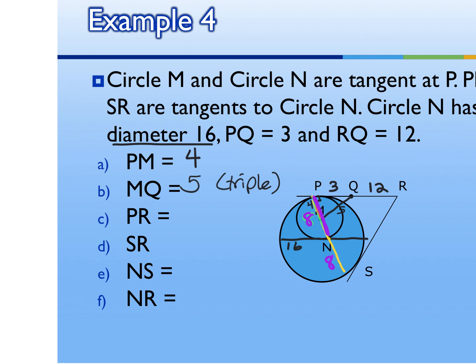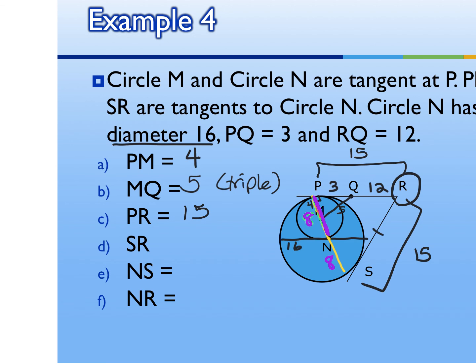Then PR, that one's easy to find. All I have to do is add 3 plus 12, and it's 15. To find SR, we learned a theorem called the external tangent congruence theorem. And I know that two tangent lines that meet at the same common external point are congruent.